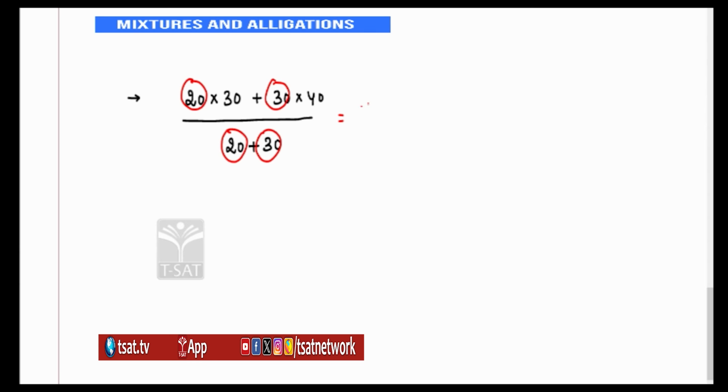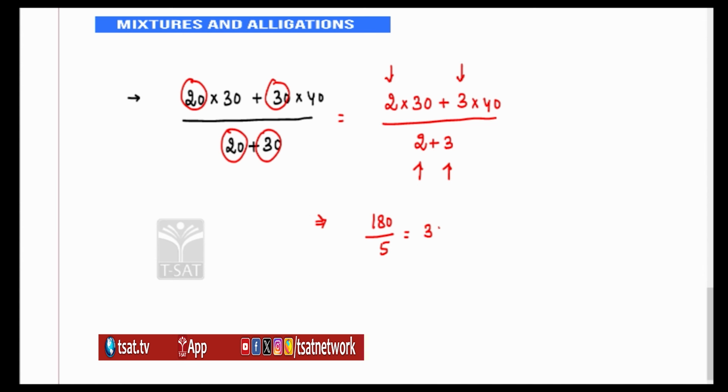That makes it simple: 2 into 30 plus 3 into 40 divided by 2 plus 3. Now 20 and 30 became 2 and 3, so we don't need to worry about the multiples. We just concentrate on the simplest values possible. Here it is 60 plus 120, 180, divided by 5, which is 36.